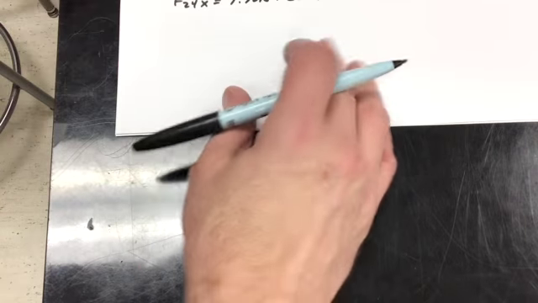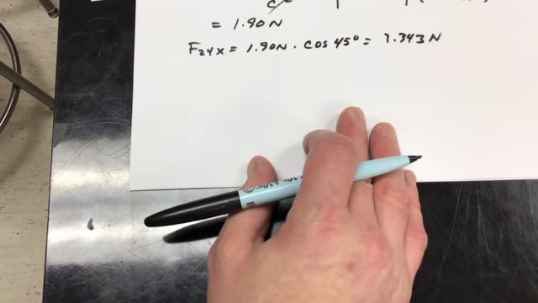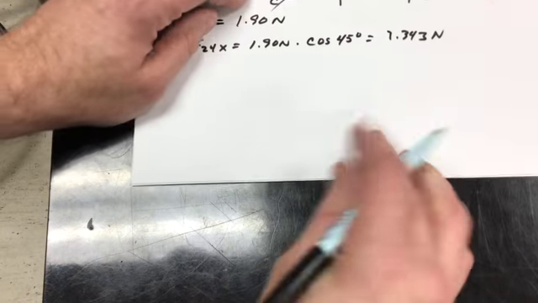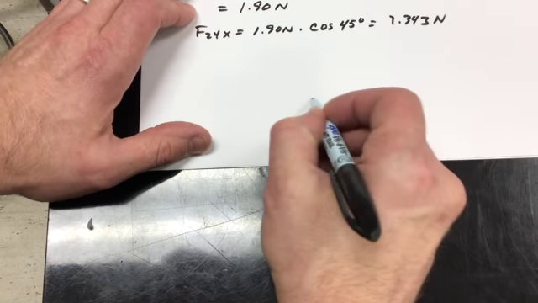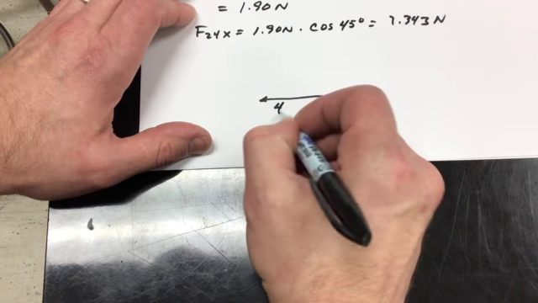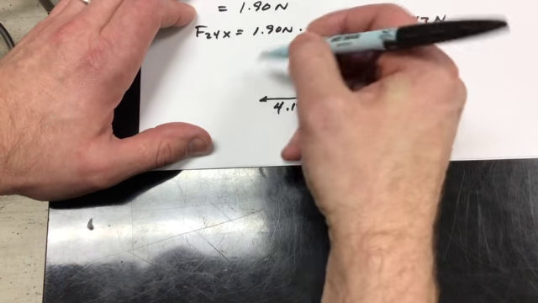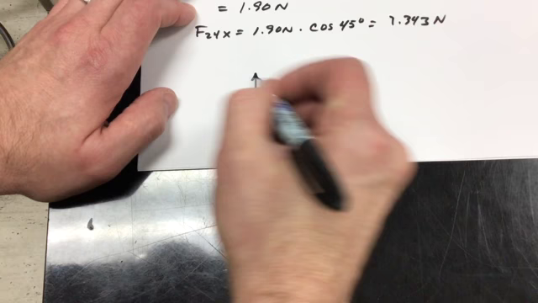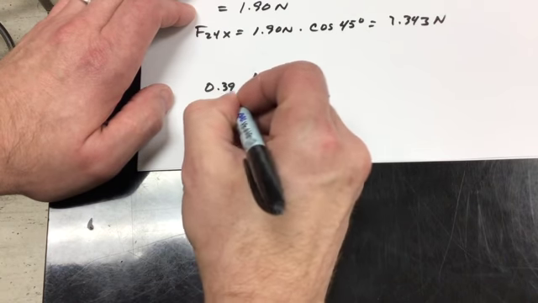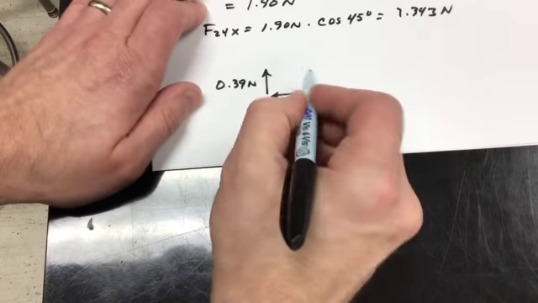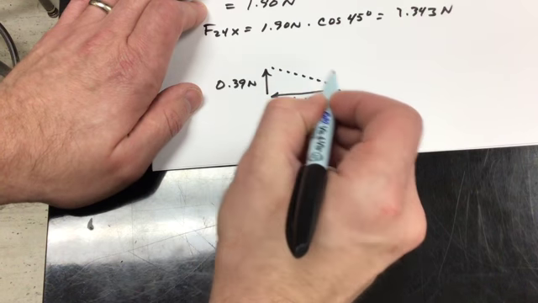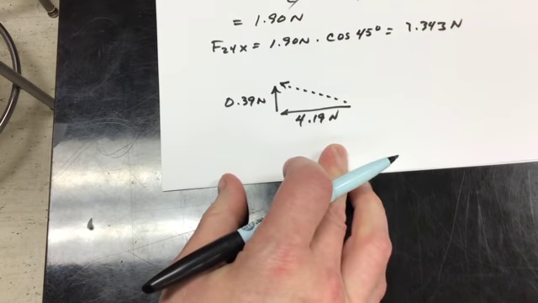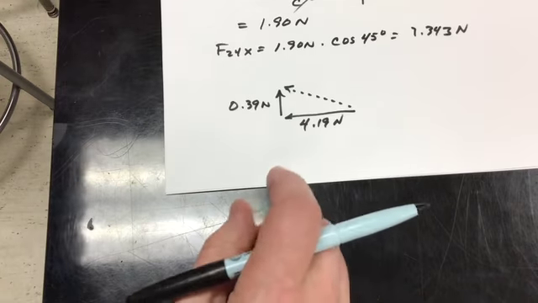So combining those two, remember, our resultant force vector then will look like this. We'll have 4.19 newtons that way. We'll have negative 0.39 or just 0.39 newtons in the upward direction. Remember, the negative is only applicable to our sketch in terms of our coordinate system.